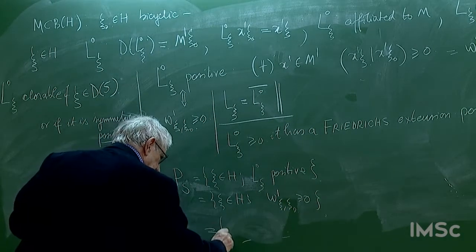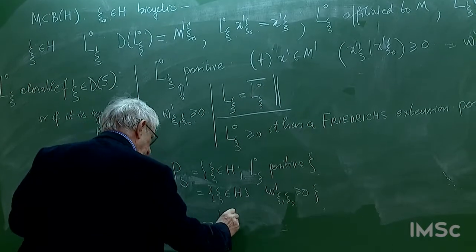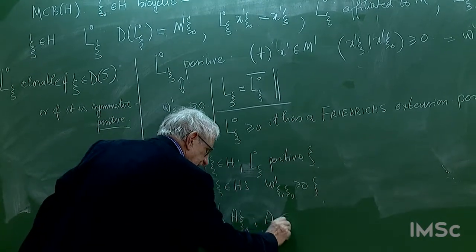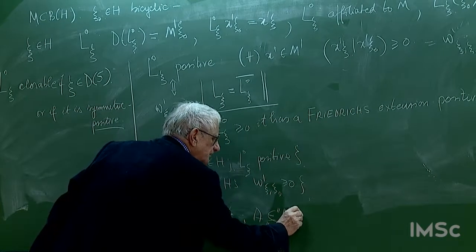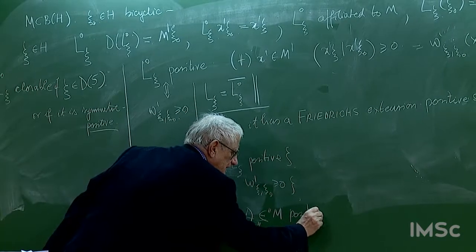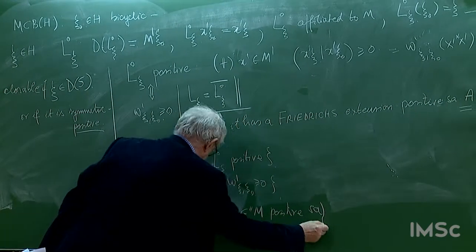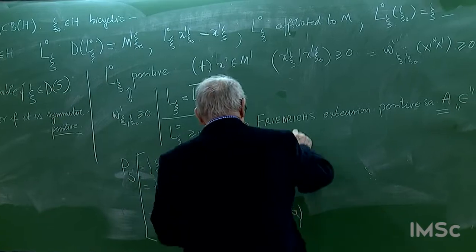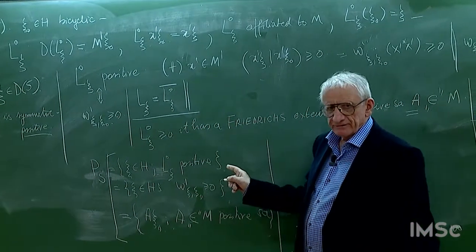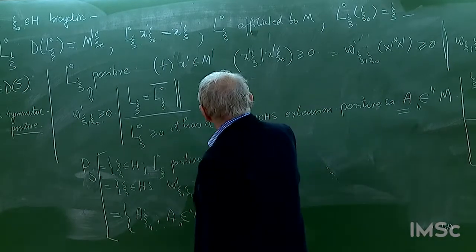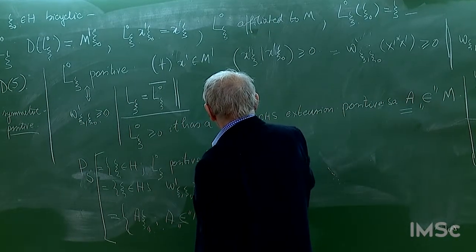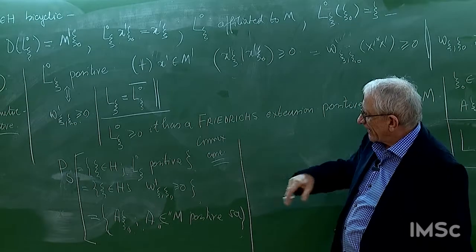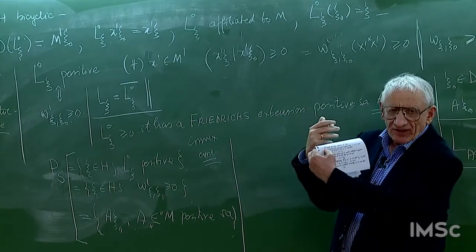Or this is the set of all vectors of the form A psi 0, where A is affiliated to M and is a positive self-adjoint operator. Now, it's clear that this is a convex cone. We will come back to the study of this cone and of the analogous cone associated to A star, that means on the side of M prime, later.